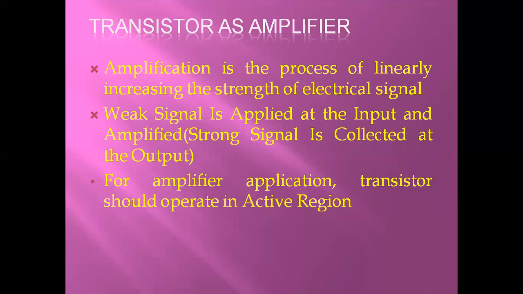In the amplification, it increases the current and results in a strong signal at the collector point, that is the output, which will be obtained with very much clarity. For amplifier application, the transistor should operate in the active region.